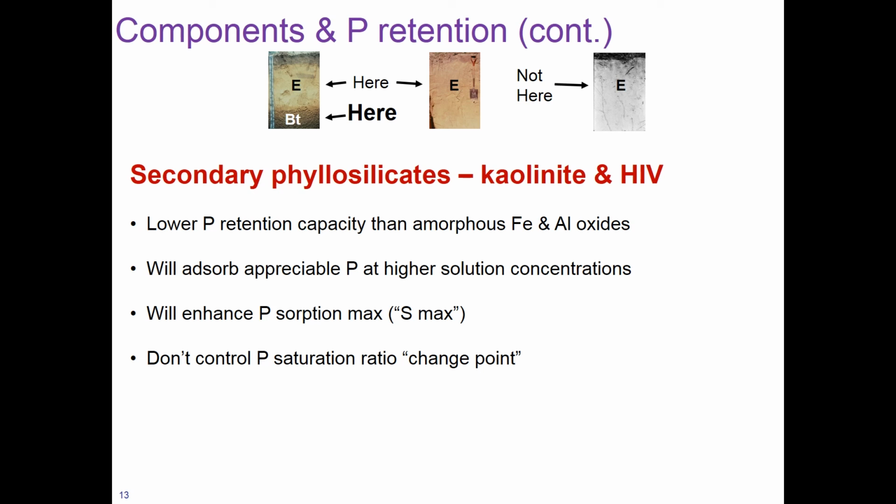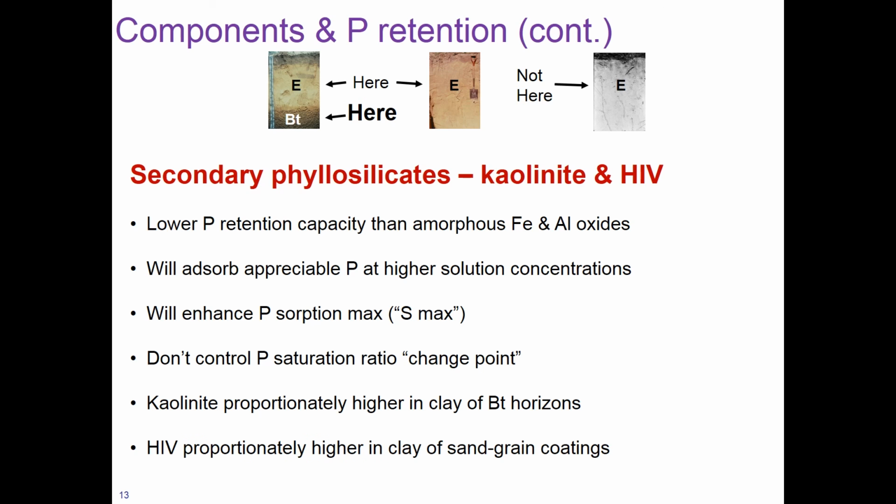Secondary phyllosilicates don't control phosphorus saturation ratio or change point. Kaolinite happens to be proportionately higher in the clay of BT horizons, whereas hydroxylated vermiculite tends to be proportionally higher in clay of sand grain coatings.